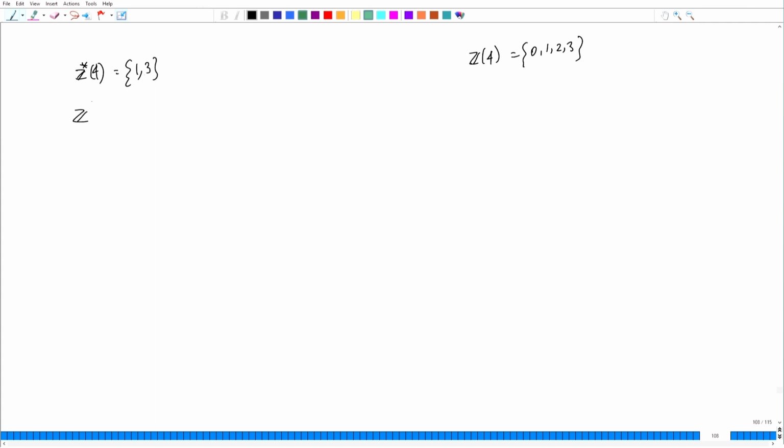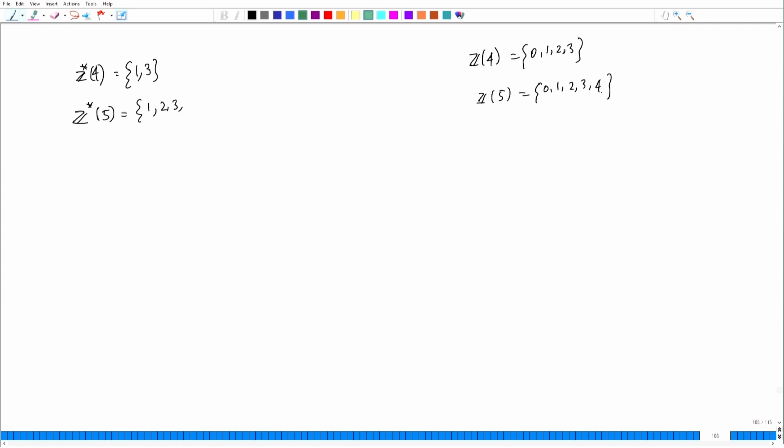Now, if you look at Z star of 5, this is equal to 1 would be 1 definitely. And now, if I take 2, then 2 into 3 is 6, 6 minus 1 is 5, which is divisible by 5. So, therefore, 2 and 3 would be there. Now, Z 5 is equal to 0, 1, 2, 3, 4.